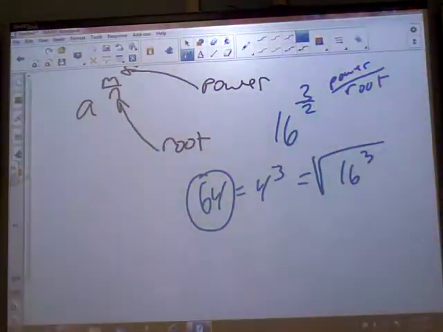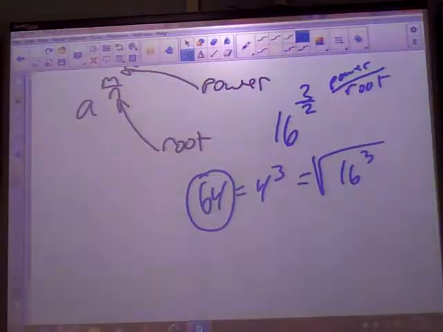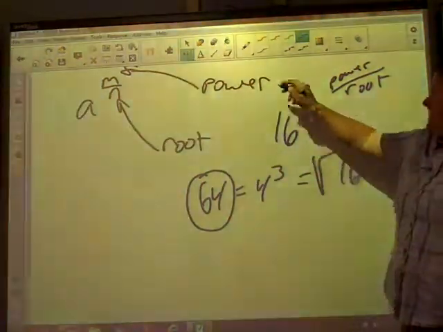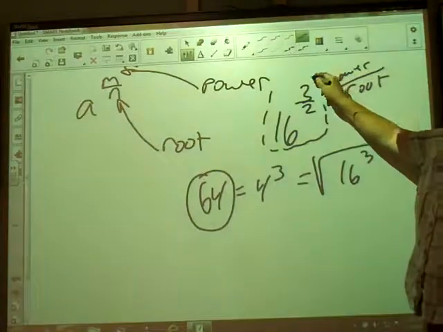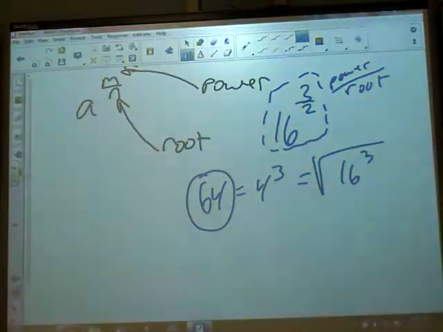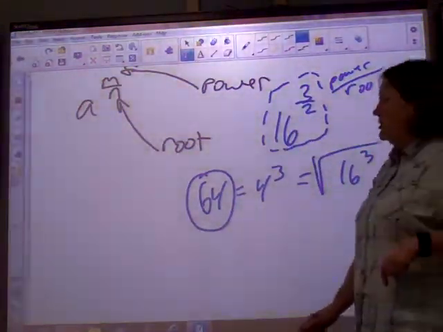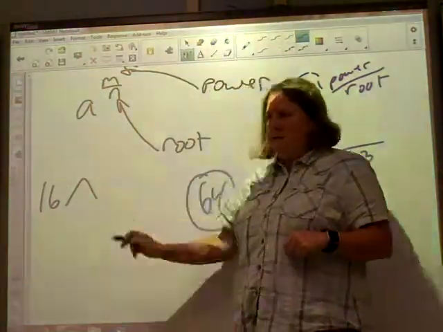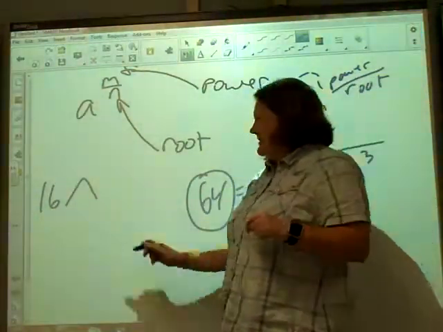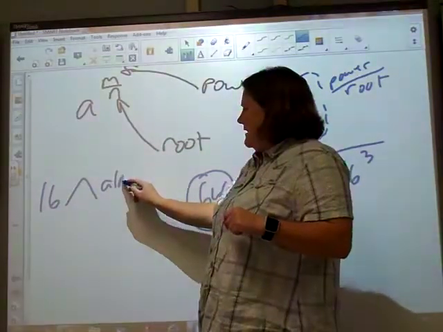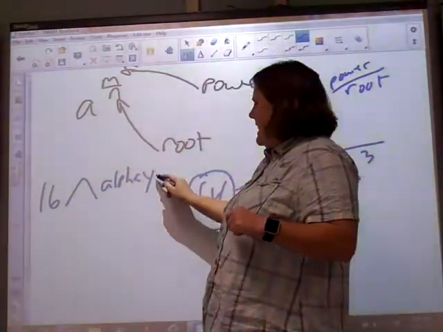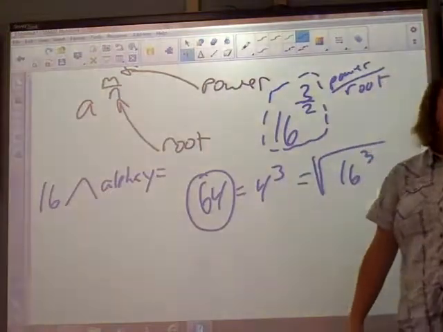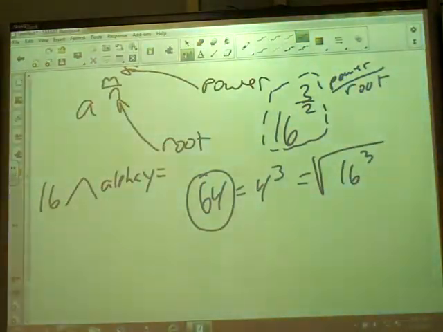Now, your calculator can do the original problem too. You would hit 16, your power button, and then fraction. To get the fraction, I think it's alpha and y equals. Then type the fraction in, 3 over 2.